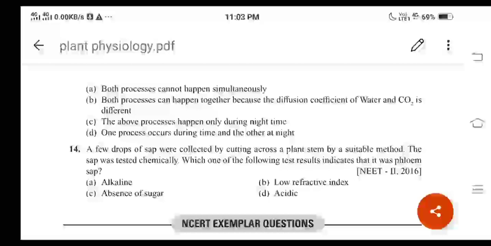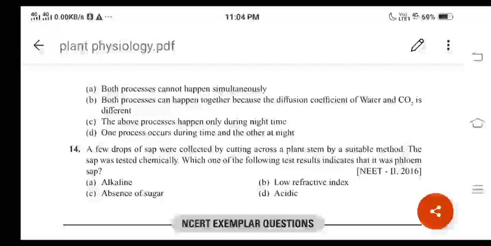Option A, alkaline, then option B, low refractive index, then option C, absence of sugar, then option D is acidic, right? And for the 14th question, option E is the correct answer.